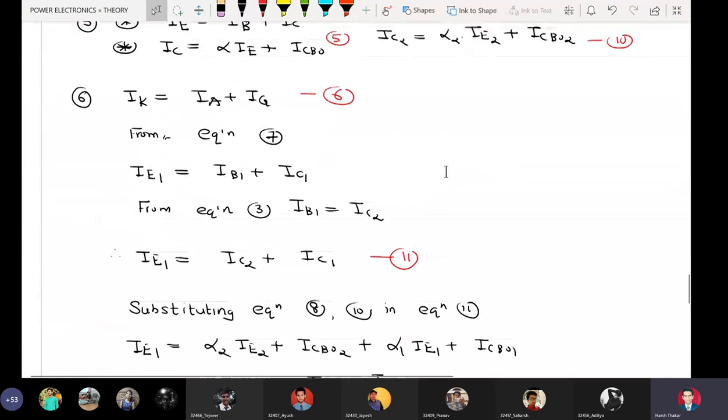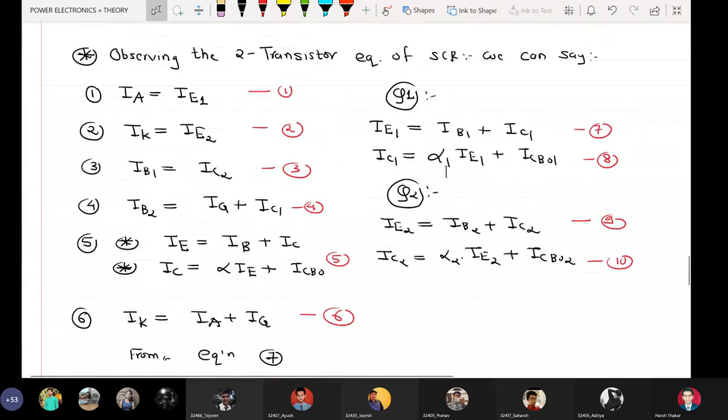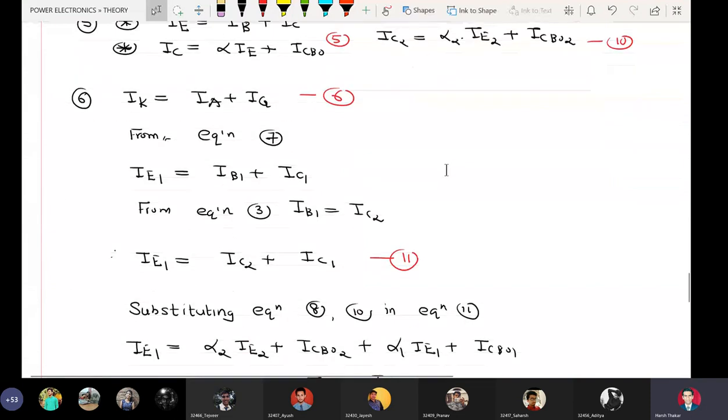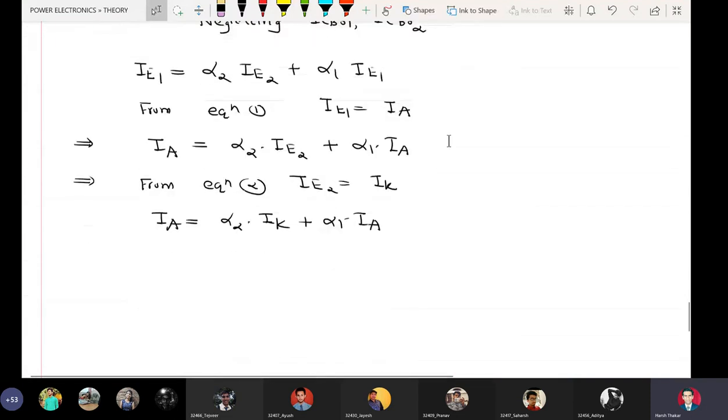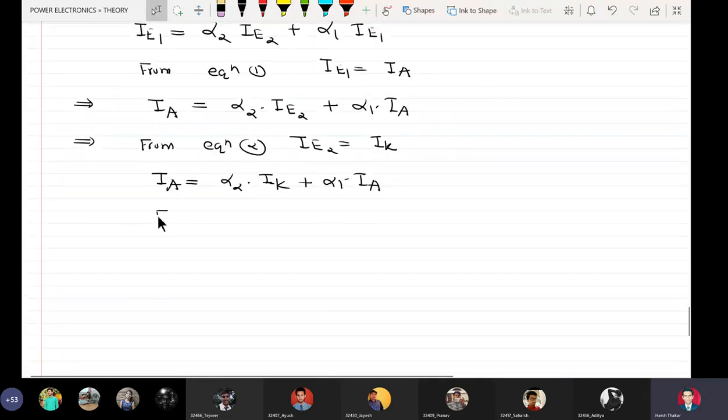Now also from equation number 6, IK is equal to IA plus IG.